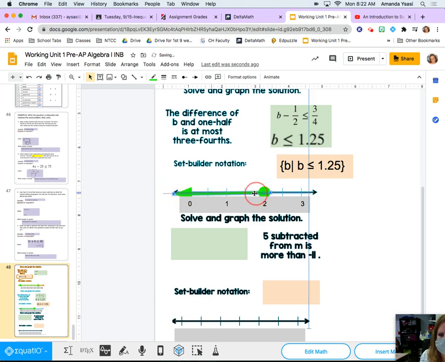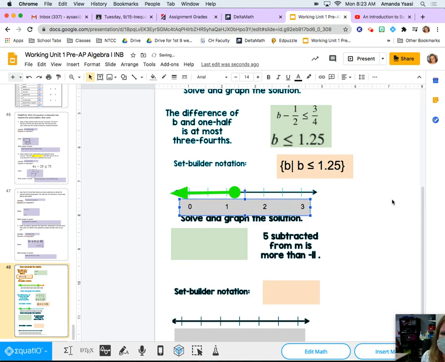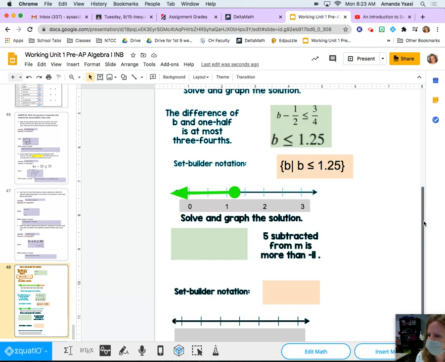Oh, it's 1 1/4, so it'd actually be halfway between 1 and 1 1/2. I'll move that down a little bit. Does that look okay? Were y'all able to do that?